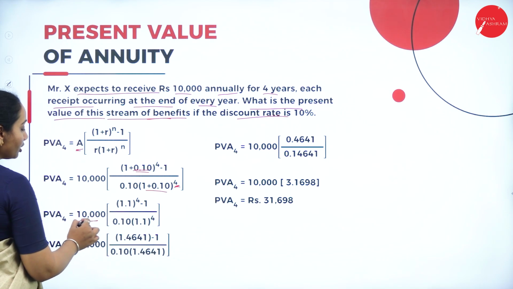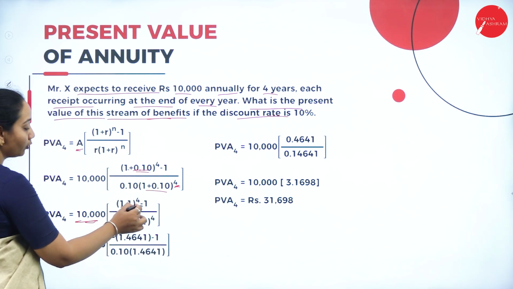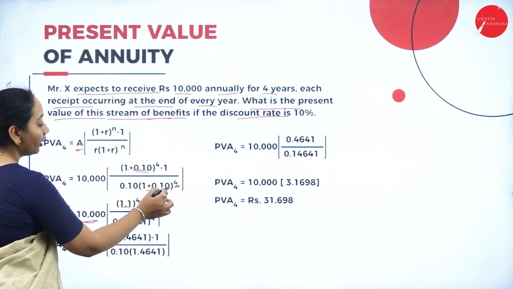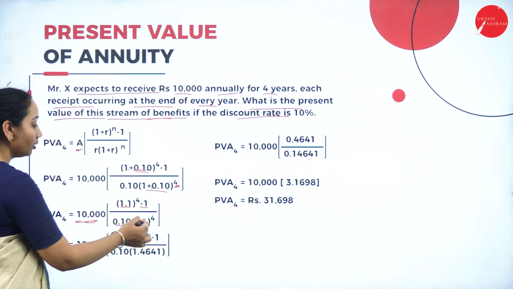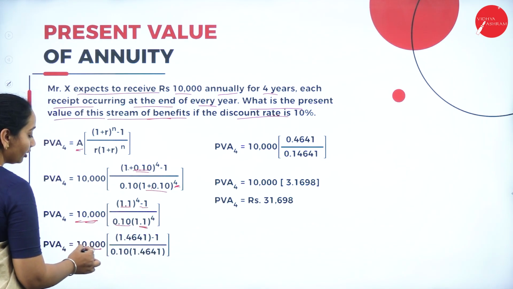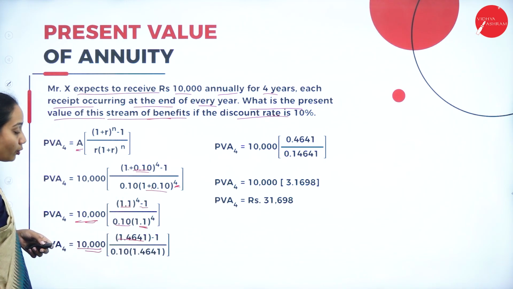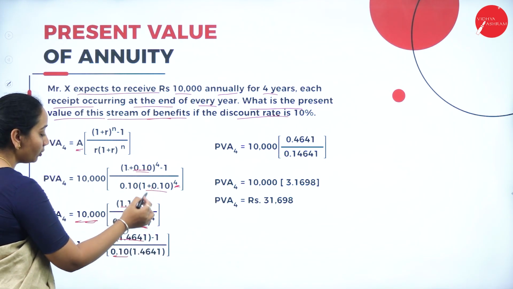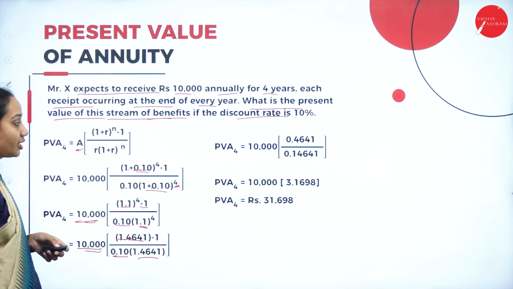Next step, 10,000 into 1 plus 0.10 will get 1.10 whole to the power of 4 minus 1, divided by 0.10 into 1.10 whole to the power of 4. Then 1.10 whole to the power of 4 will get 1.4641.